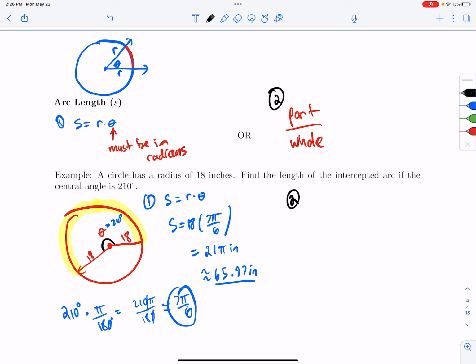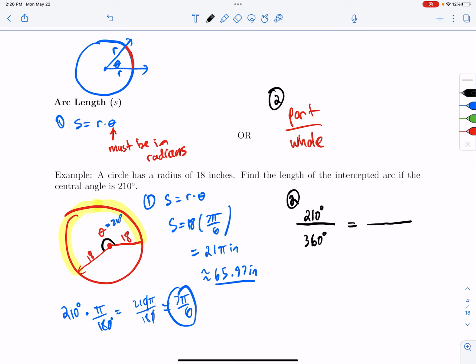So what we mean here is the entire way around the circle. If I measure that angle, it's 360 degrees. But the angle that we're talking about is just a part of that 360 degrees, and that is 210. Then I'm going to come up with that same ratio, but now with the length around the circle.